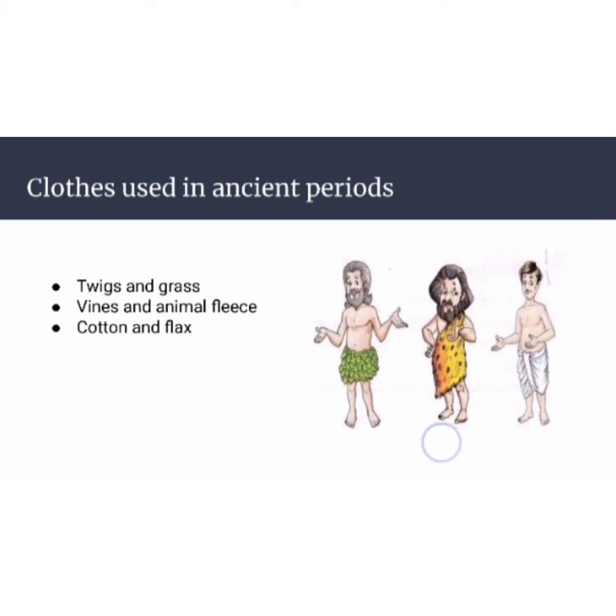After people began to settle in agricultural communities, they learned to weave twigs and grass into mats and baskets. Vines and animal fleece or hair were twisted together into long strands, and these were woven into fabrics.